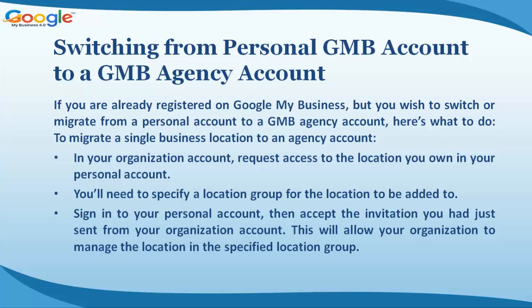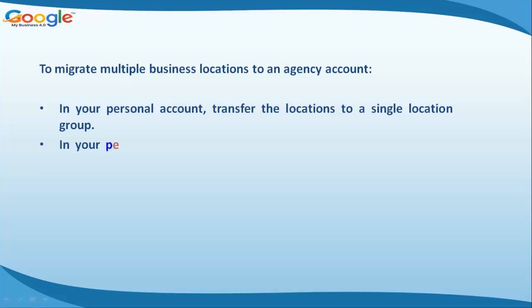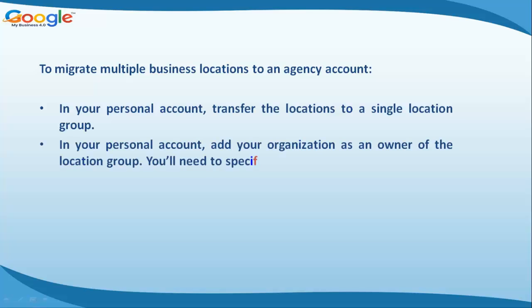You'll need to specify a location group for the location to be added to. Sign into your personal account, then accept the invitation you had just sent from your organization account. This will allow your organization to manage the location in the specified location group. To migrate multiple business locations to an agency account, in your personal account, transfer the locations to a single location group.